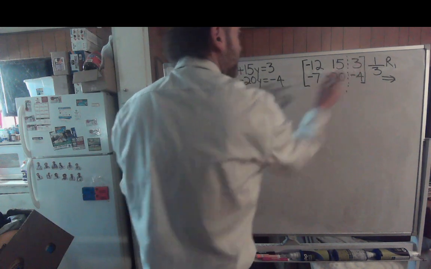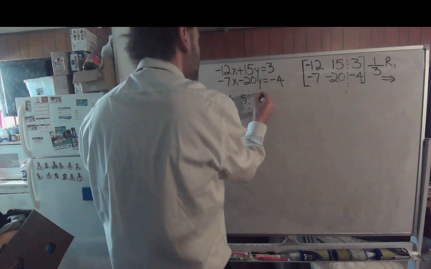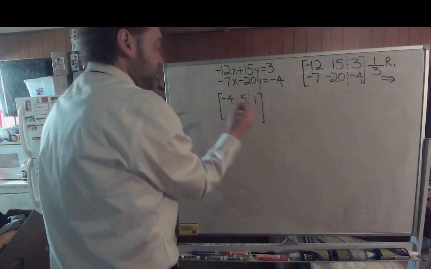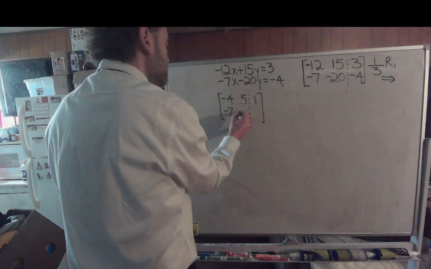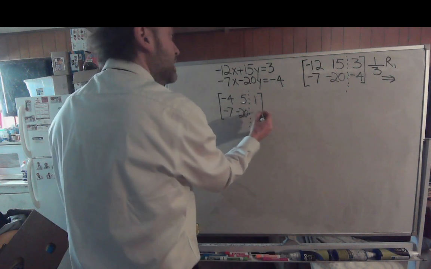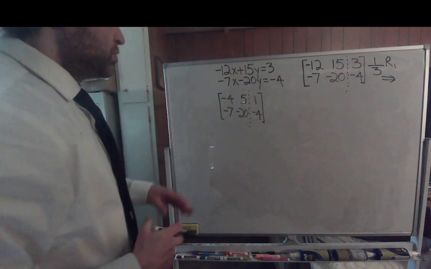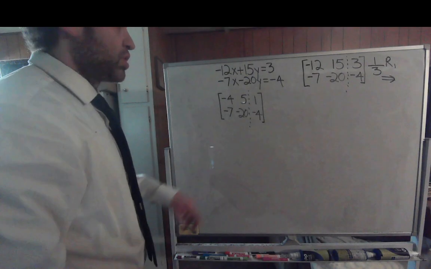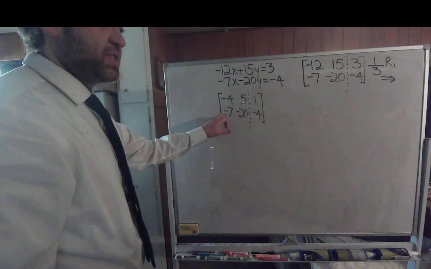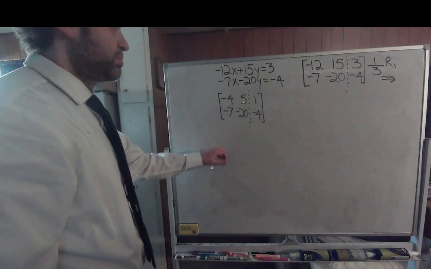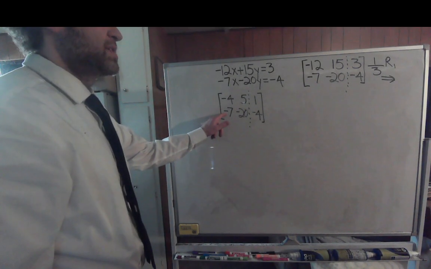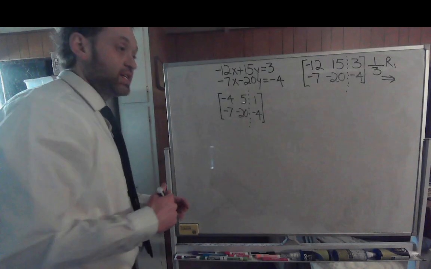And then a third of 3 is just 1. And then you still have your row 2, negative 7, negative 20, and negative 4. So, yes, it's still true we're going to make the first digit of the second row a 0, but now you only got to multiply the second row by 4 as opposed to 12. Much easier to work with.